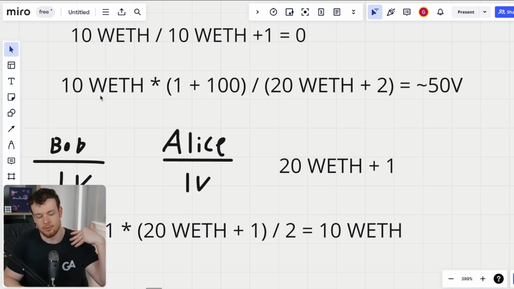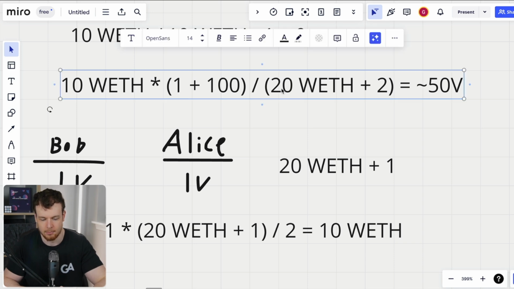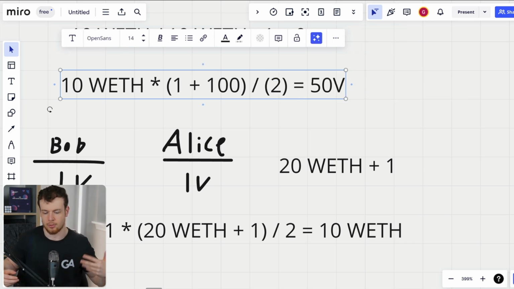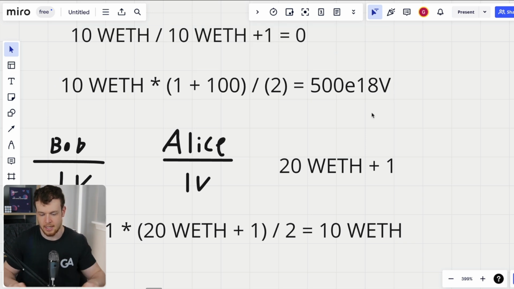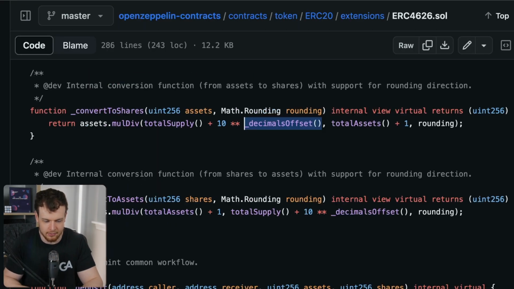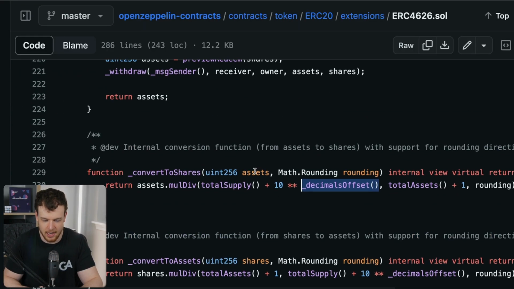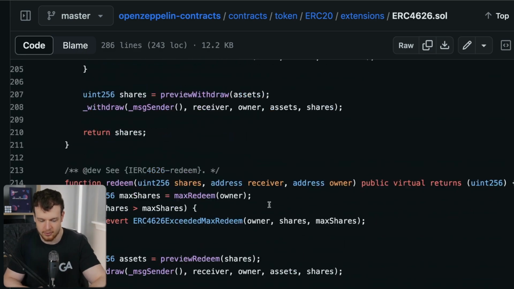So it's not that Bob deposits 10 wrapped ether and then, in a normal situation, what would happen is this would just be 2, and then Bob would receive 50 E18, actually it would be 500 E18 vault tokens. Now, instead of him technically getting 500 vault tokens, this is actually just 5 vault tokens, because remember the decimal offset is 2.